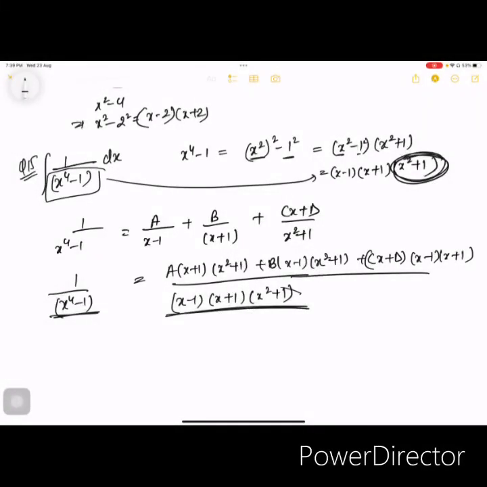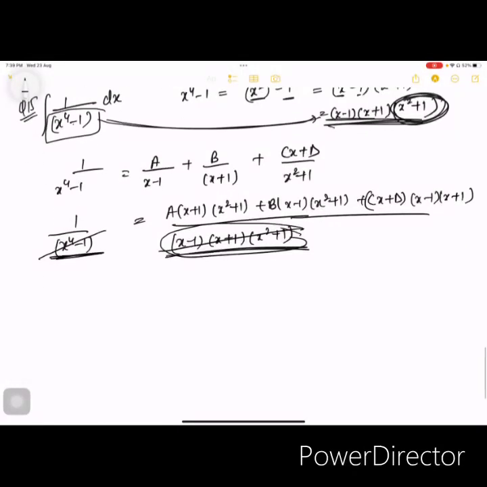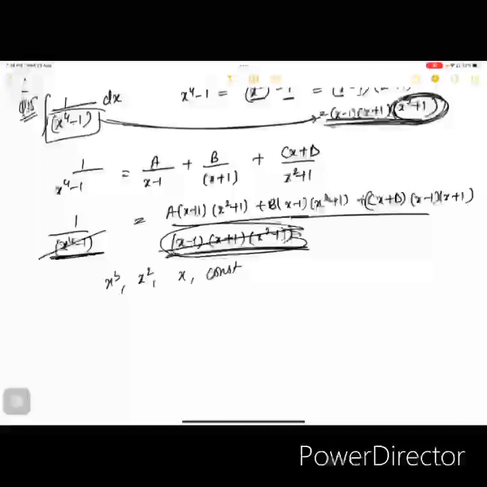No, we have opened x raised to power 4 minus 1 to write these three factors, that means these are equal to this one. It will get cancelled out. You can multiply and check if you have any doubt. Just compare the coefficients of x cube, x square, x and the constant term. Then you will get the values of a, b, c and d.